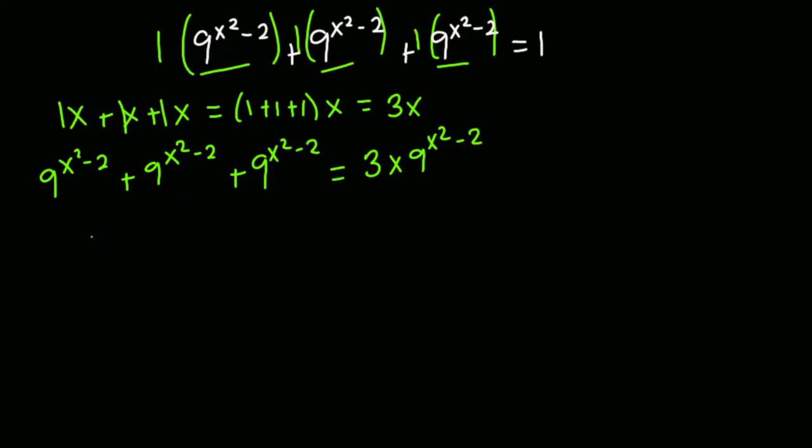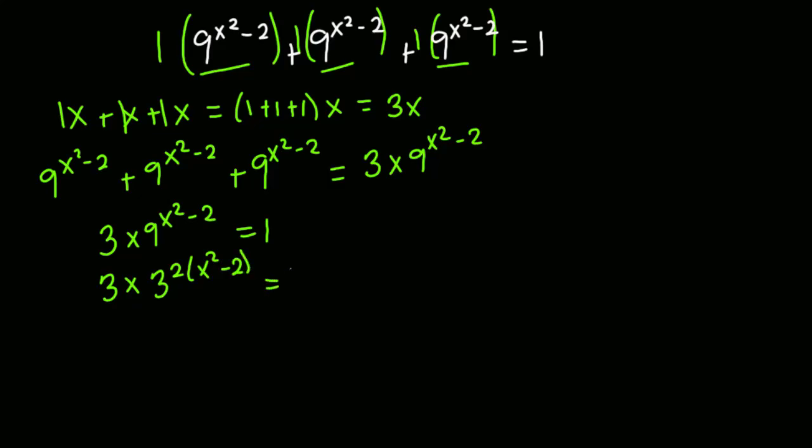And so what I'm going to do is equate 3 times 9 exponent x squared minus 2 to 1, because the right hand side is 1. Now I'm going to break 9 exponent x squared minus 2 down to have a base of 3. So this is the same as 3 times 9 is the same as 3 exponent 2, and this is multiplying x squared minus 2.